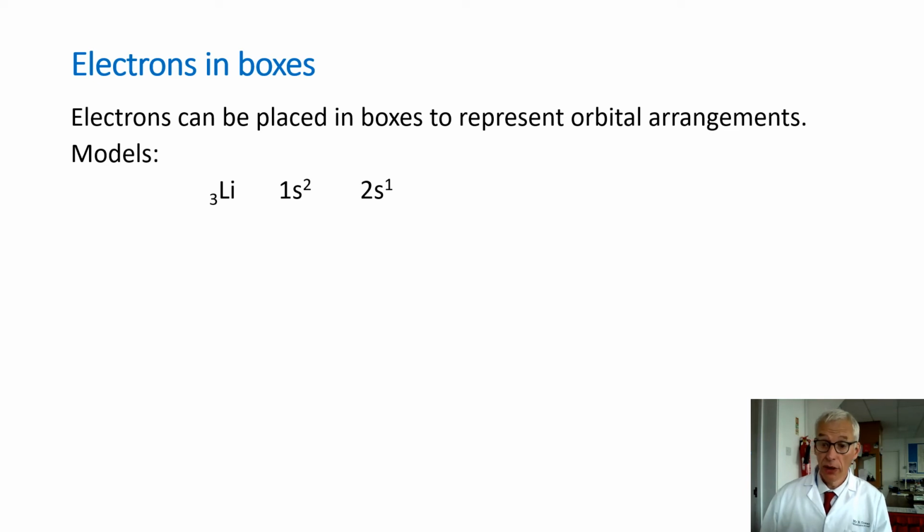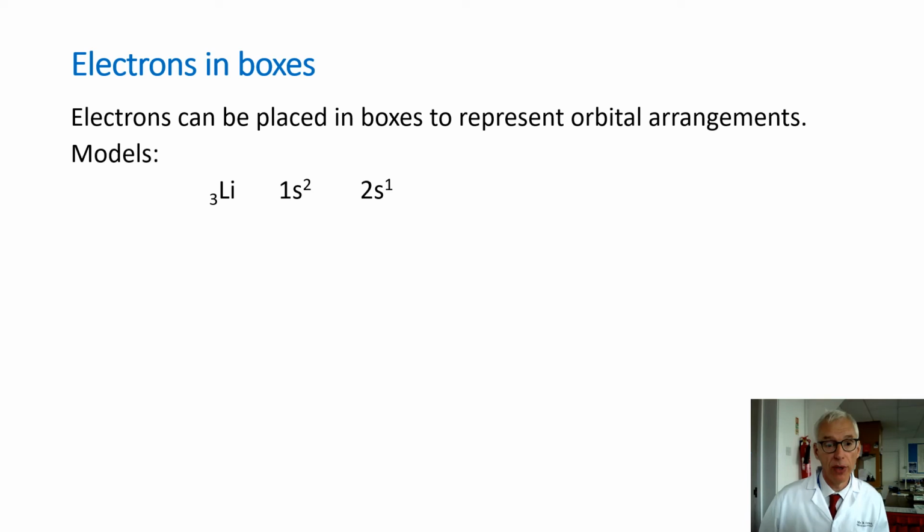Okay, so having looked at electron configurations in terms of subshells, we have also discussed the fact that the subshells are themselves composed of orbitals. So it is useful in some more advanced chemistry to write electron configurations with electrons placed in orbitals.